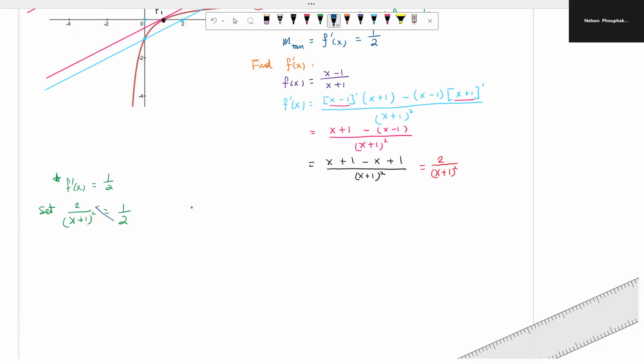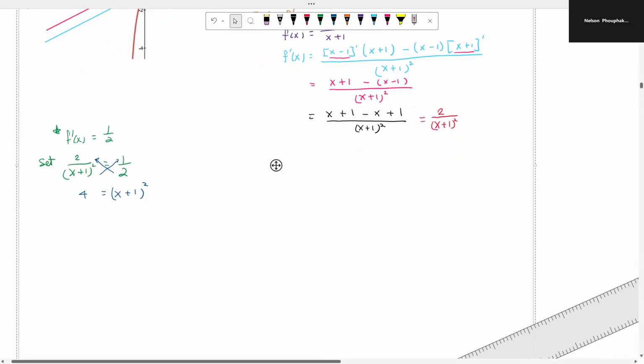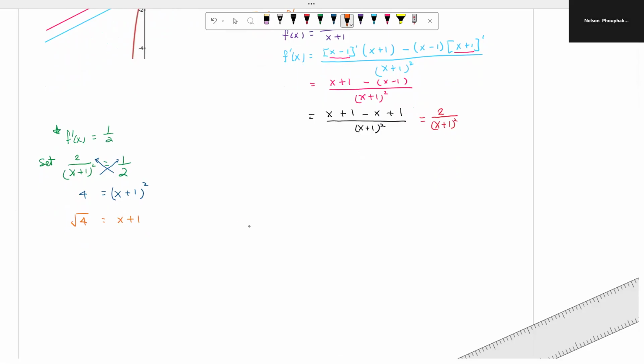Now what we could do is cross multiply. So I have 4 equal to x plus 1 squared. Then in this case, we could take the square root of both sides. But again, we have plus or minus the square root of 4.